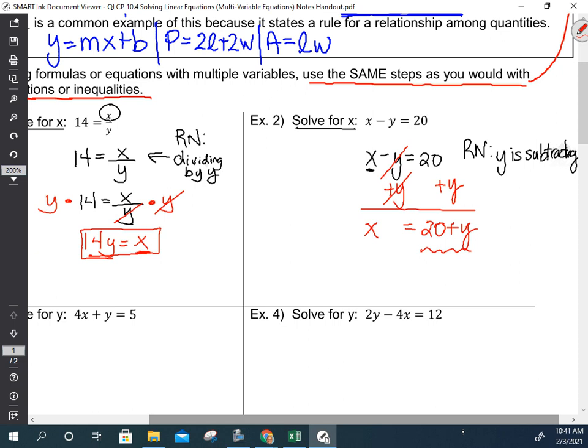I think I heard 22. I'm just trying to figure out where the 2 came from. So 20 plus y, 20y. That means multiplication.